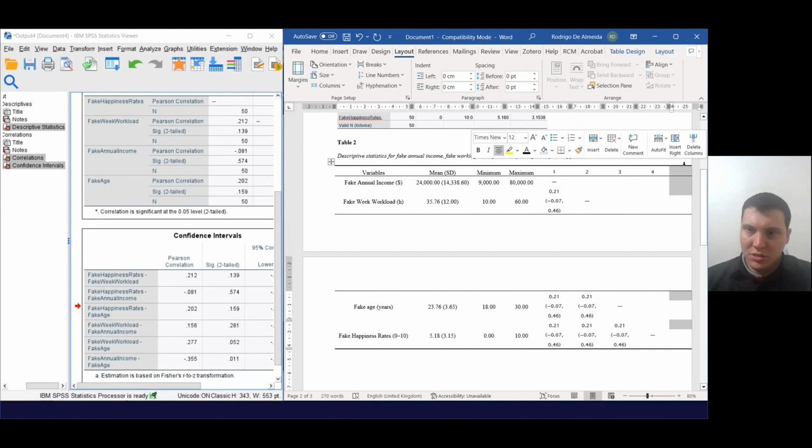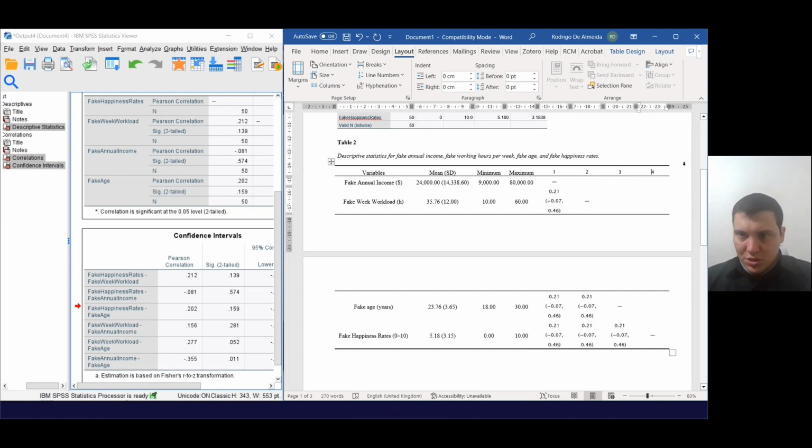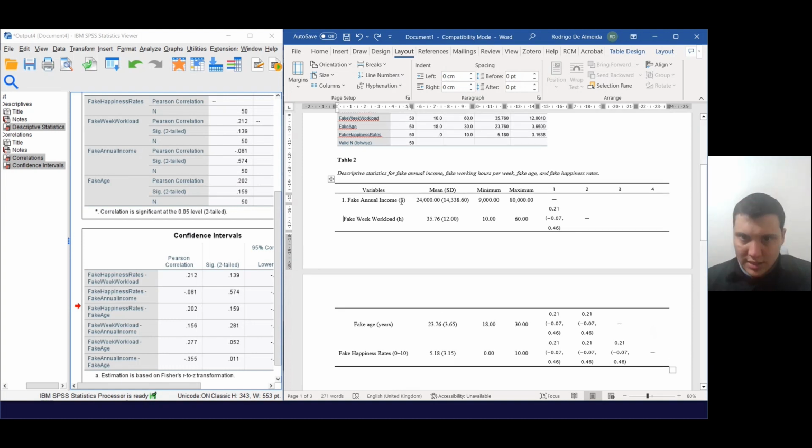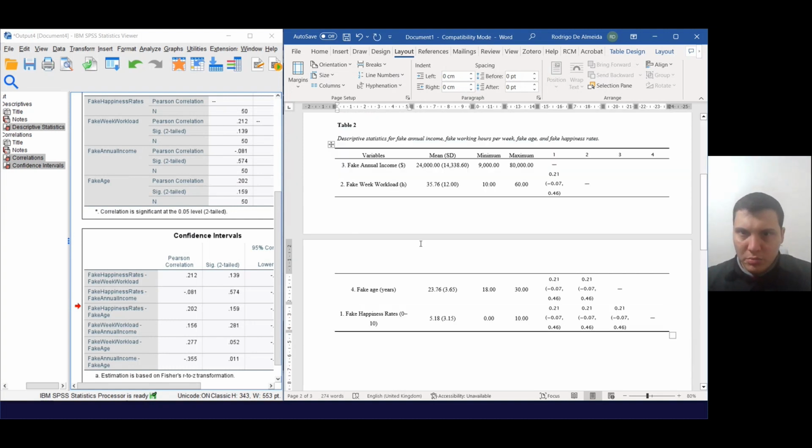We don't need this one. The numbers that I have in here, I need them in here. And it's not the same order, so we're gonna put them in the same order. Now we're gonna put these in the table we already had. We're gonna put them in the right order so they suit the order that is in here.